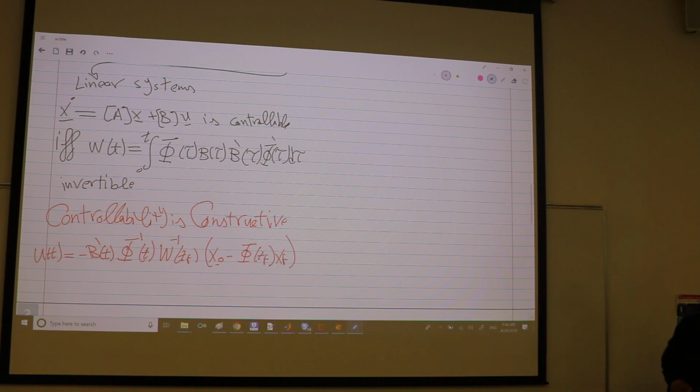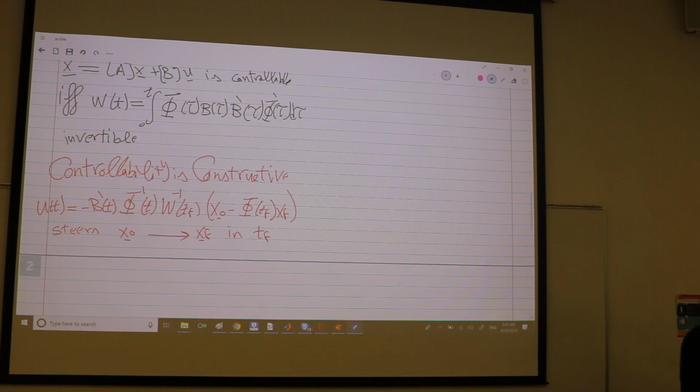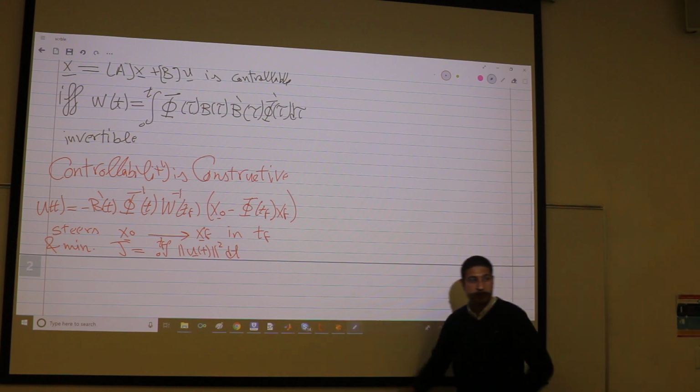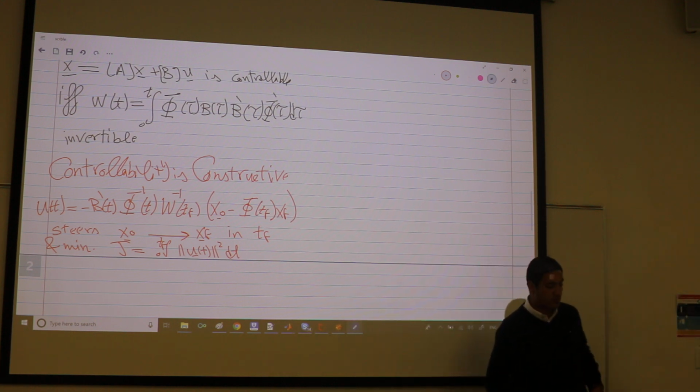Check this form after me. So this control law will steer x0 to x final in time t final, and actually minimizes j from 0 to t final, the control energy, the norm square dt. So this control input history. Here it is. Did you prove controllability? Here's the solution. Okay?